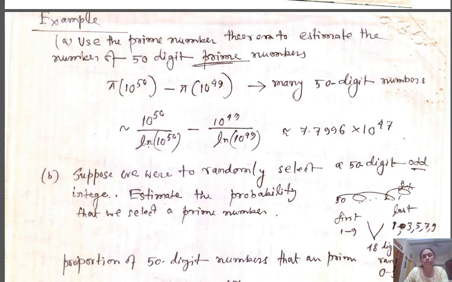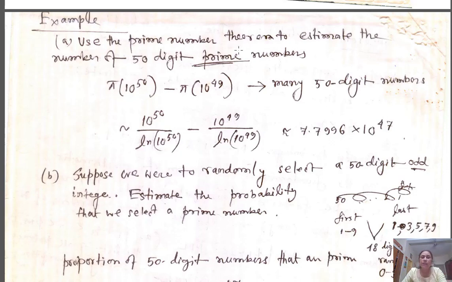That means π(x) can be approximated by x divided by ln x. It can be greater than this, it can be less than this also. This theorem was stated in earlier classes.